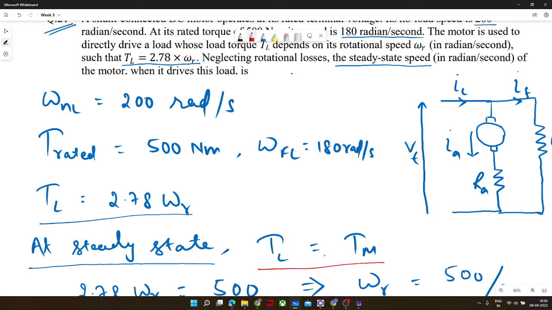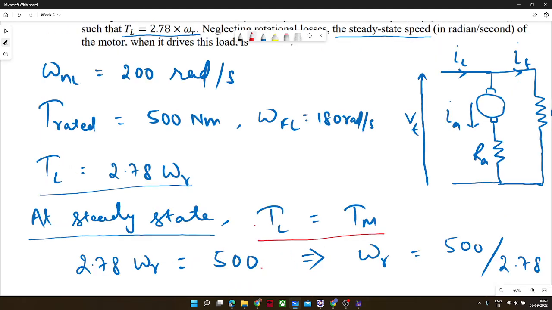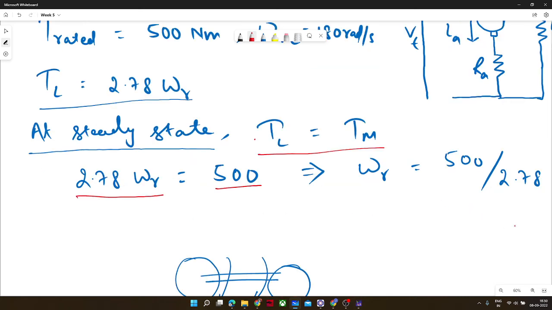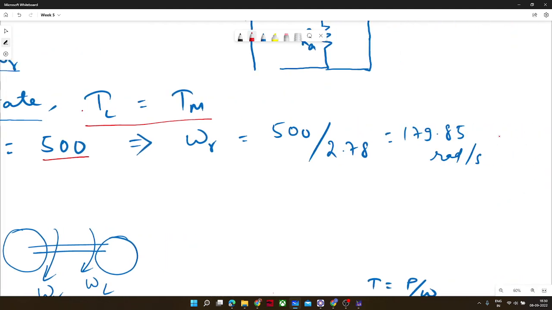TL is equal to TM, and TL is 2.78 into omega r, and TM we know is 500. After calculating, you will get 500 by 2.78, and that comes out to be 179.85 radian per second. So at steady state, when load torque is equal to motor torque, the speed of the rotor of the DC motor would be equal to this. Okay, so that was the answer for that problem. Any doubt in this problem?